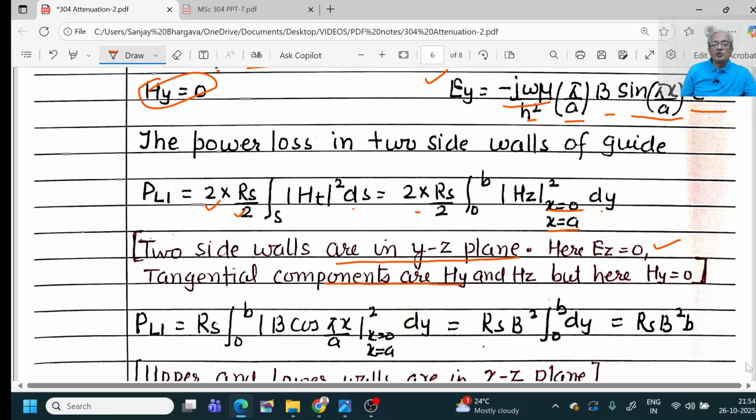So tangential components are hy and hz, but here hy is supposed to be 0. So we have hz only. So substitute the value of hz, we get PL1 would be equal to Rs b cos pi x upon a at x is equal to 0 and x is equal to a whole square dy. That would be Rs into b square, integration 0 se b dy, and that would give me the answer Rs b square b.